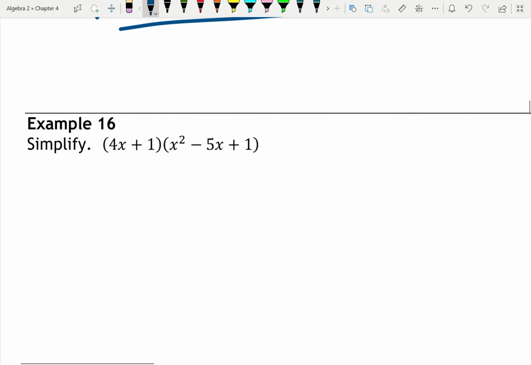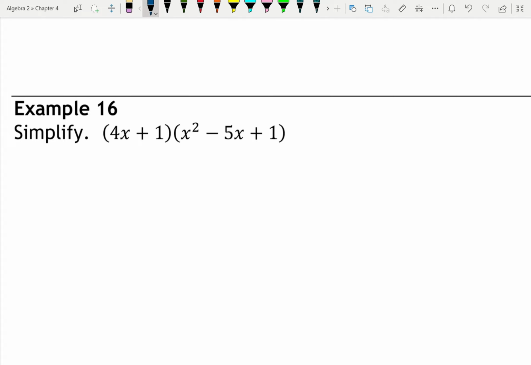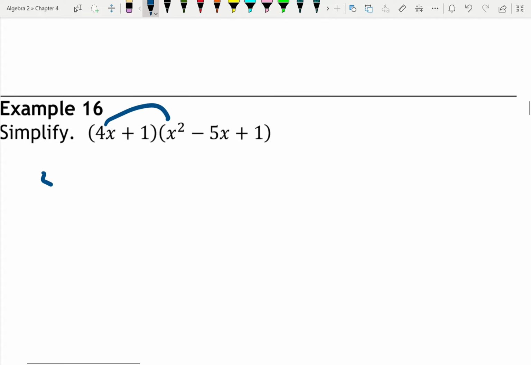Number 16. This one is multiplying. So I distribute out and I'll have 4x squared minus 20. Oh, that's not squared, that's cubed. Here, let me write that in red. That's cubed.